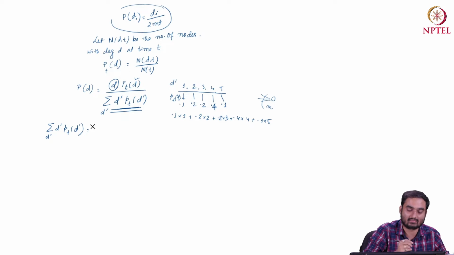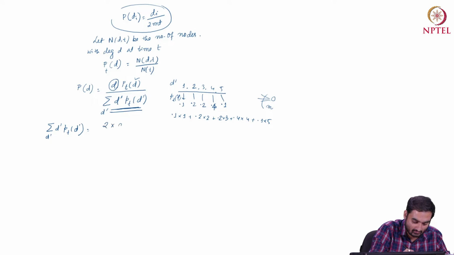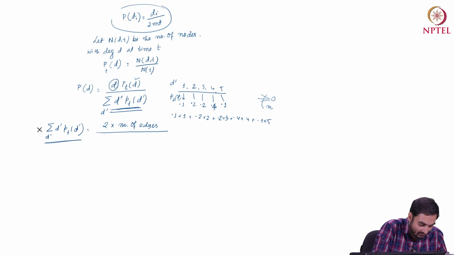Okay, so what is the average degree? The sum of degrees is 2 into the number of edges, and since this is an average, the sum of degrees is essentially the average degree times the number of nodes.